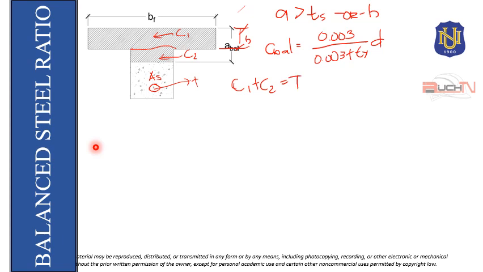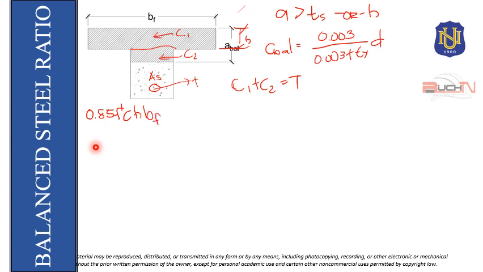So, coming from this equation, we have, so for C1, that is 0.85 F prime C. So, ang gamit natin, yung C1 natin is H times BF, yung area ng concrete niya.